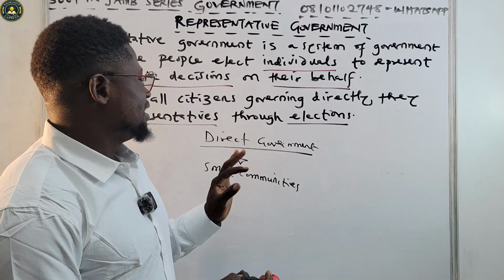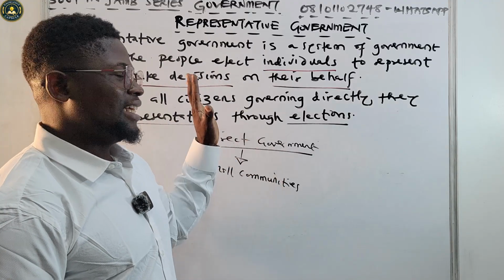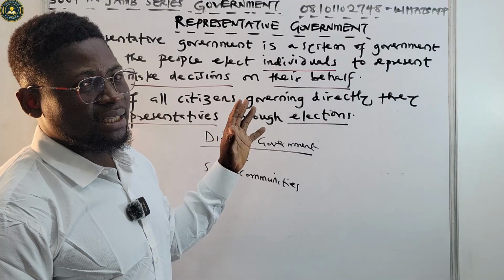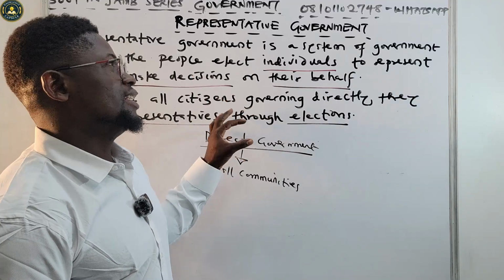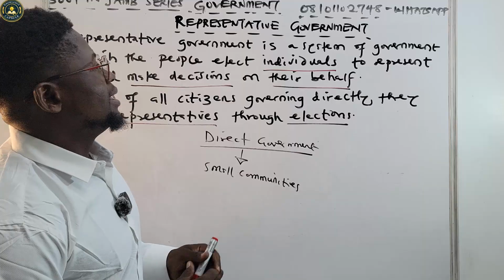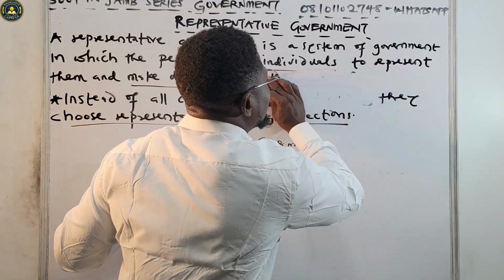All right, so in small communities you see direct government, but in very large societies, you see representative government. But how does this representative government work?